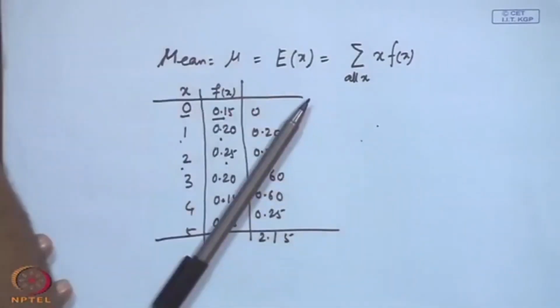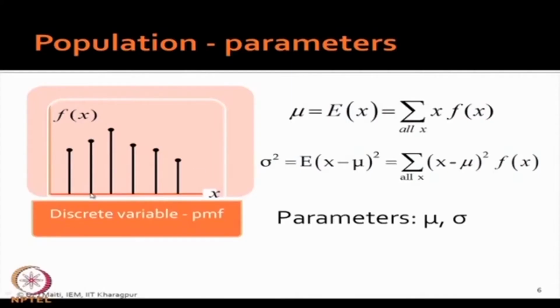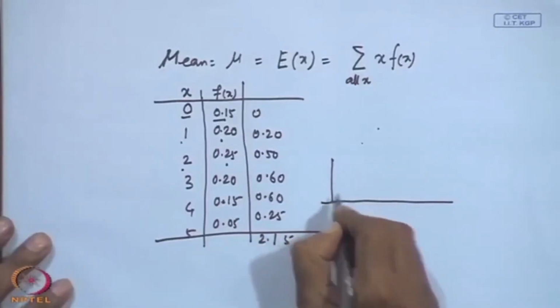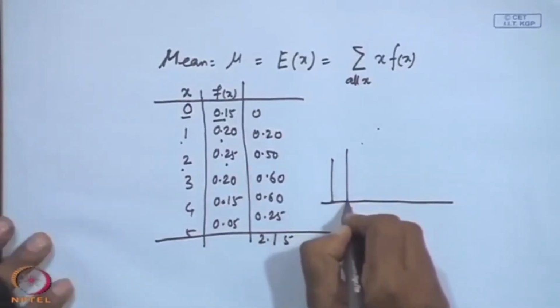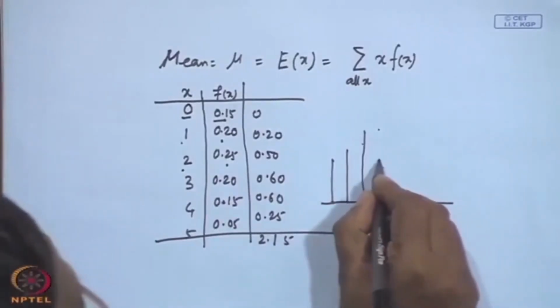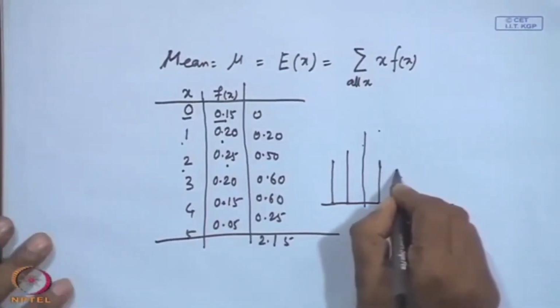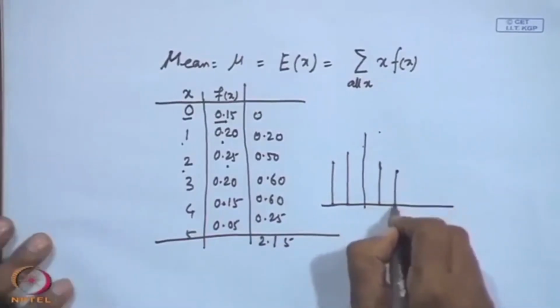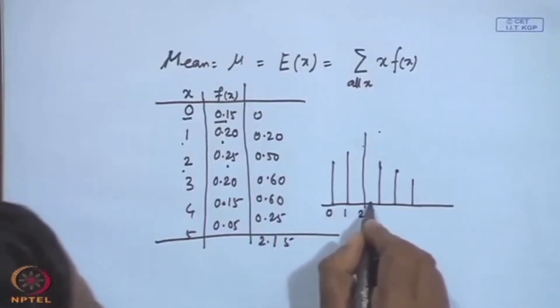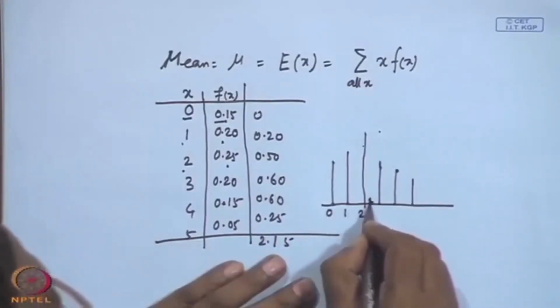So your expected value is 2.15. If this is 0, this is 1, this is 2, 3, 4 and 5, then somewhere between 2 and 3 your value is 2.15.